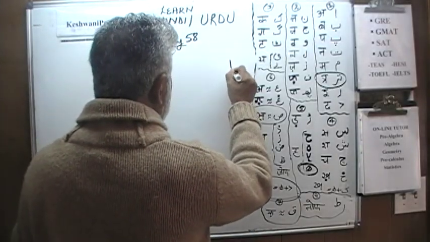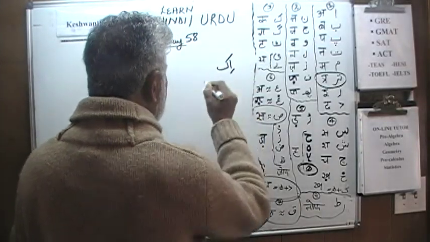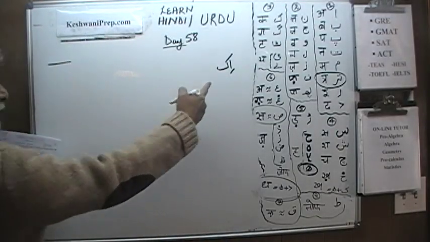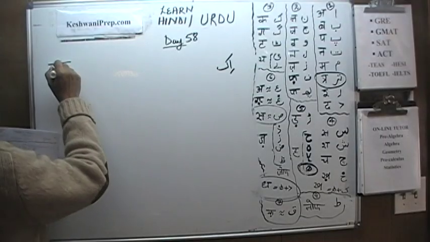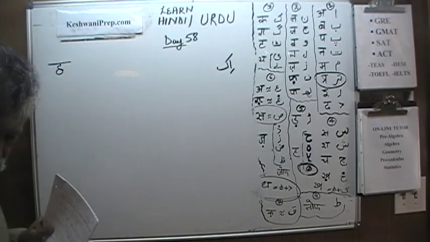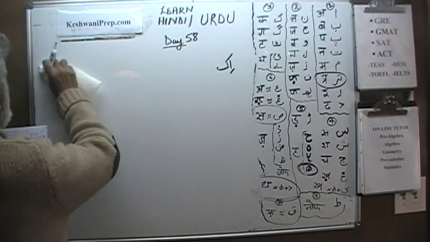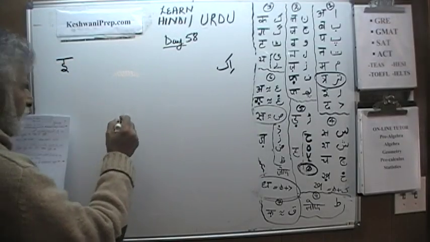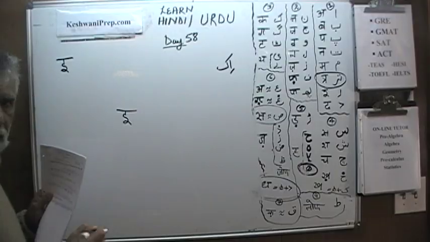So first what we have here is ek, as in one, ek. Choti e. That is the choti e. As you know, badi e in Hindi, we already know it.